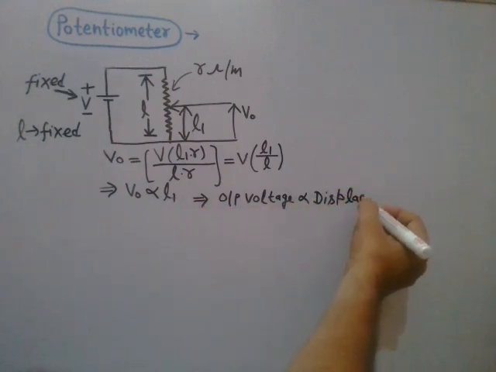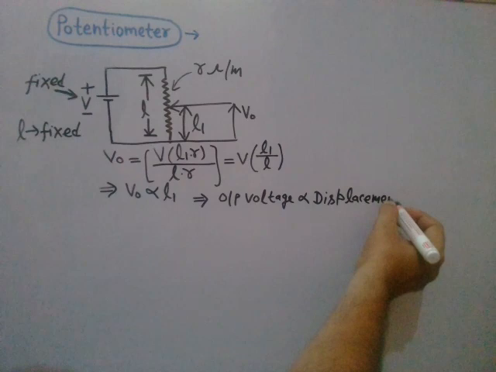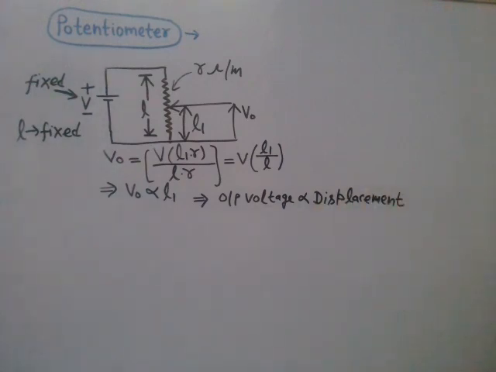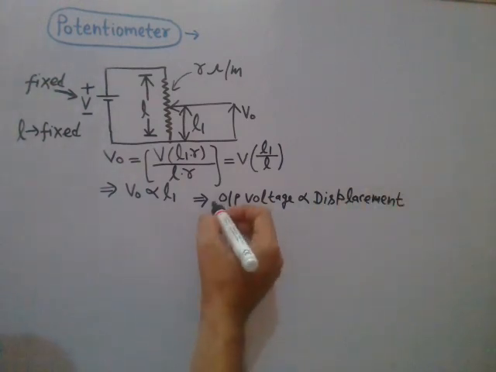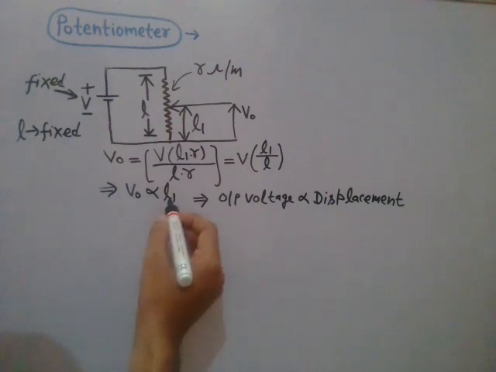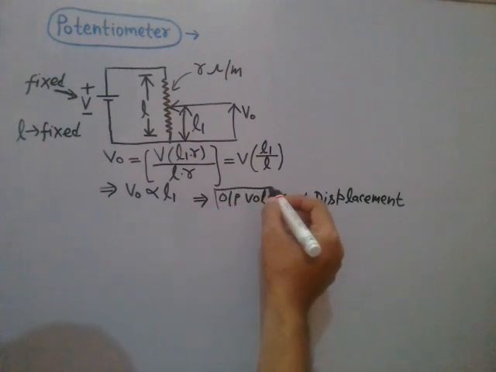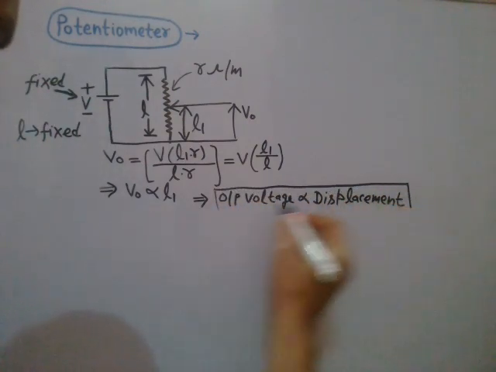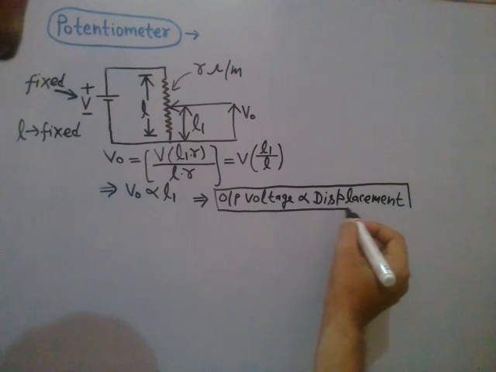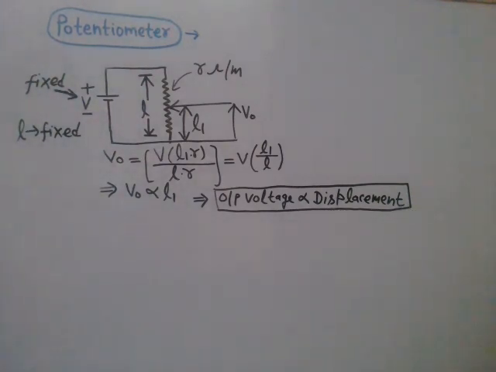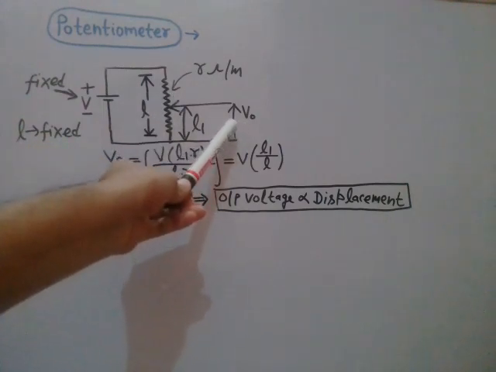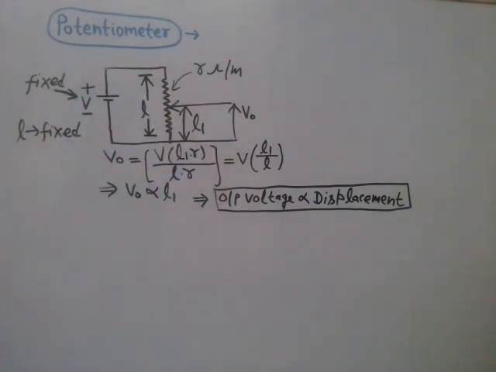So we have concluded that the output voltage V0 is proportional to L1, or the output voltage is proportional to displacement. Depending upon the displacement that you provide, you will get the output voltage V0. That's how you can measure the displacement, and that's the job of a potentiometer.